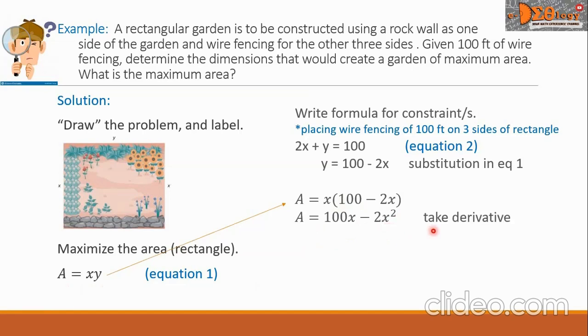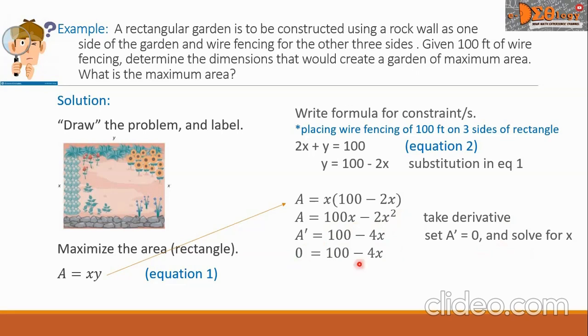Now we are ready to take the derivative. So the A here becomes A prime equals 100 minus, the derivative of 2x squared is 4x. From here, let us set A prime equal to 0 and let us solve for x.